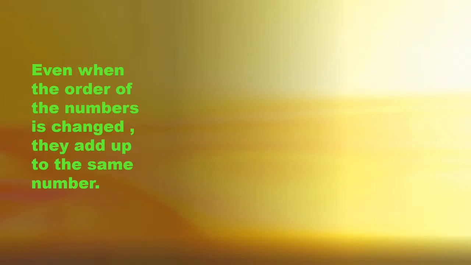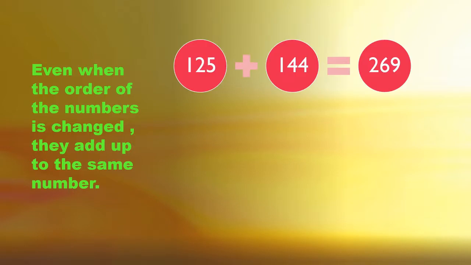Here's an important tip, children, that whenever the order of the numbers is changed, the answer that we get remains the same. For example, 125 plus 144 gives us 269.